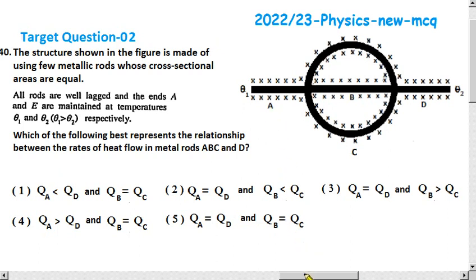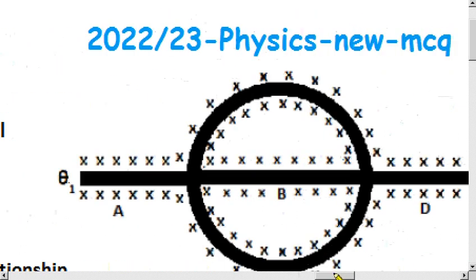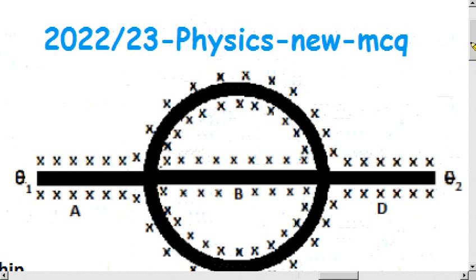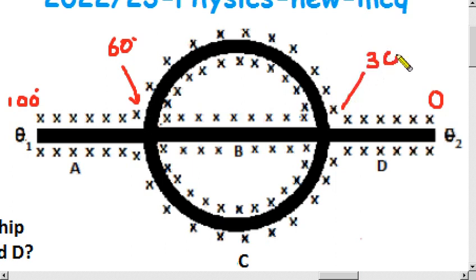So let us use numerical values, then you can easily understand that. Suppose the temperature is here 100 as previous, here 0. Somewhere here at this junction, suppose 60. At this junction, suppose 30.